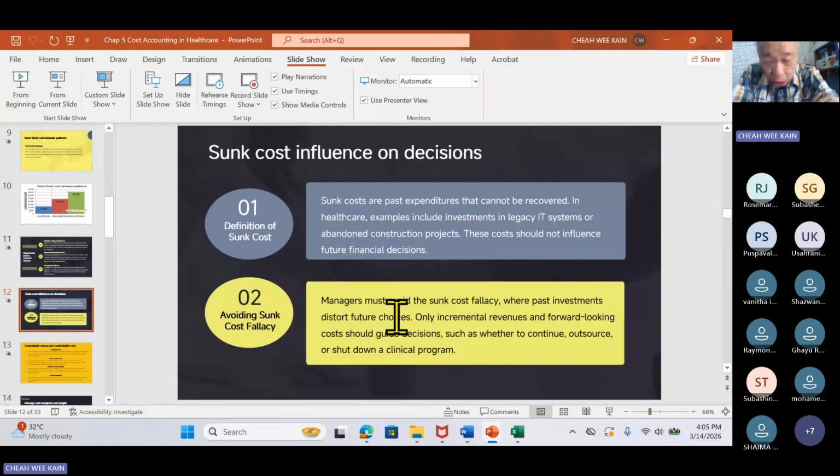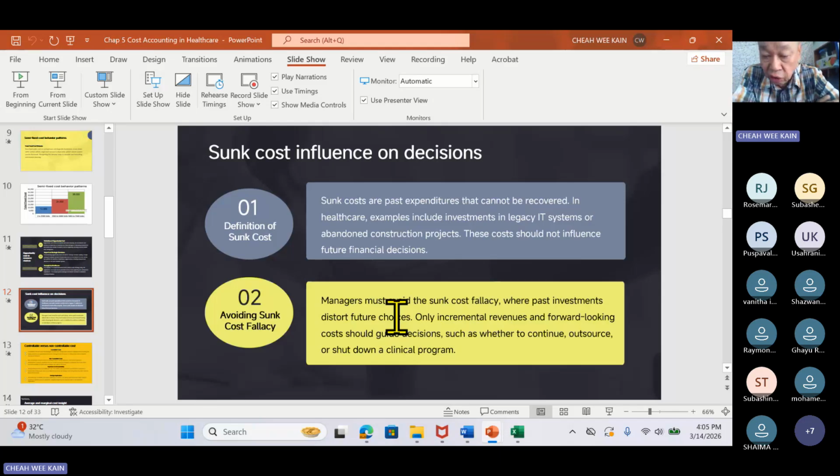Now, sunk cost means you bought equipment already. You paid already. For all future decisions, you cannot recover the money. So when you look at whether you should buy a replacement machine or not, the original equipment that you paid for should not enter into your consideration.